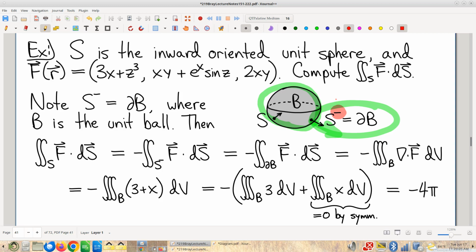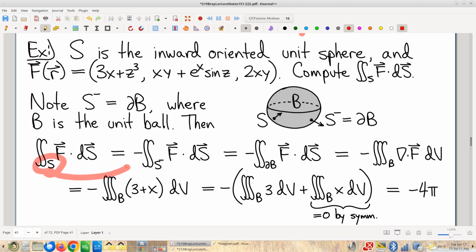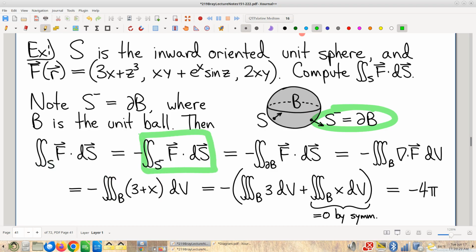Right? So, yeah. Our surface is just the opposite of what you get when you orient it the opposite way. So don't forget that minus sign. And now it's all over. Here we have an integral over literally a boundary. Here, let me do it like this.